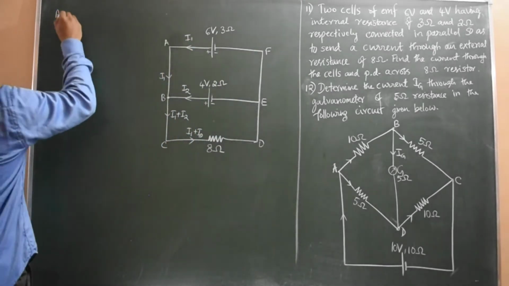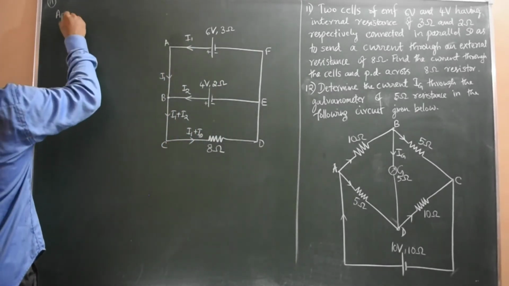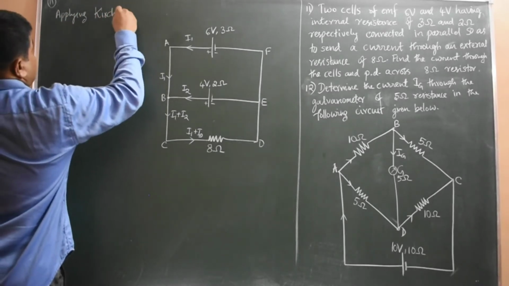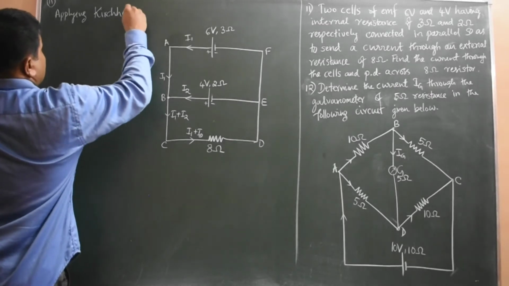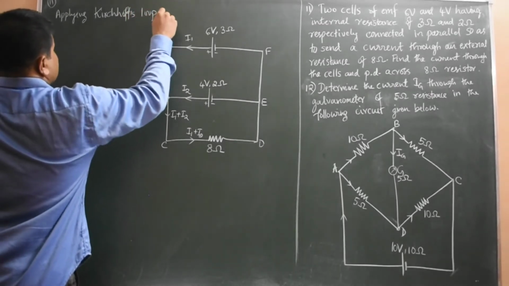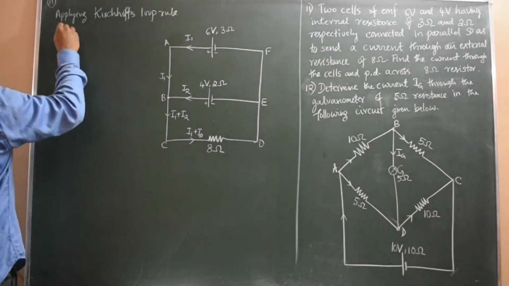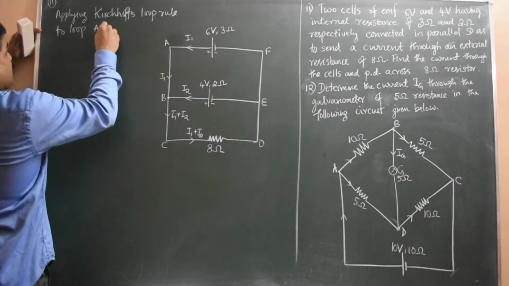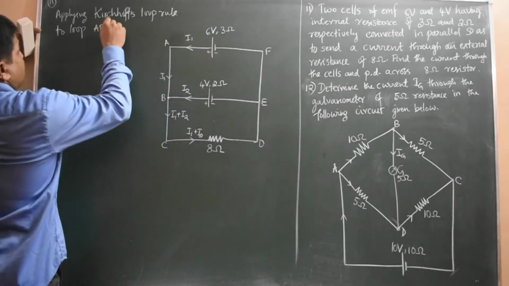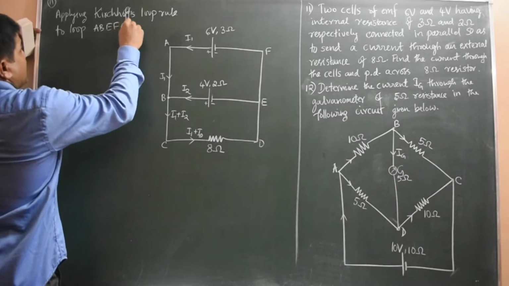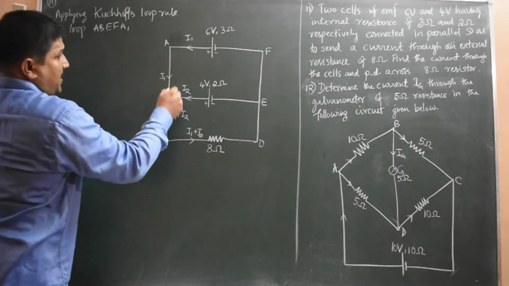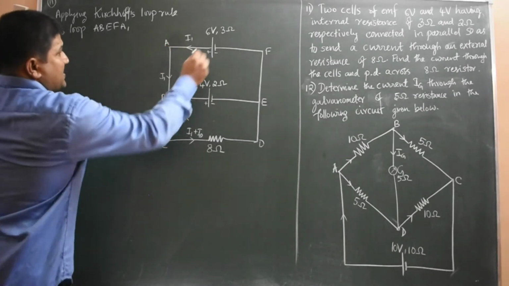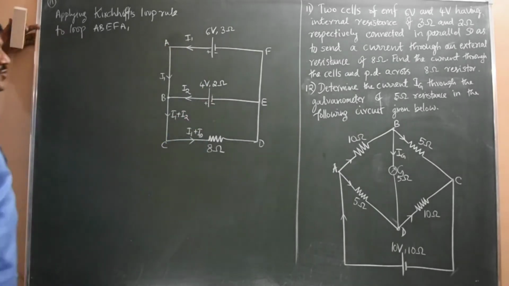Question number 11, applying Kirchhoff's loop rule to the loop A, B, E, F, A. In the AB part, the current is there, but there is no potential difference between A and B because it is an electrical connection by a good conductor.